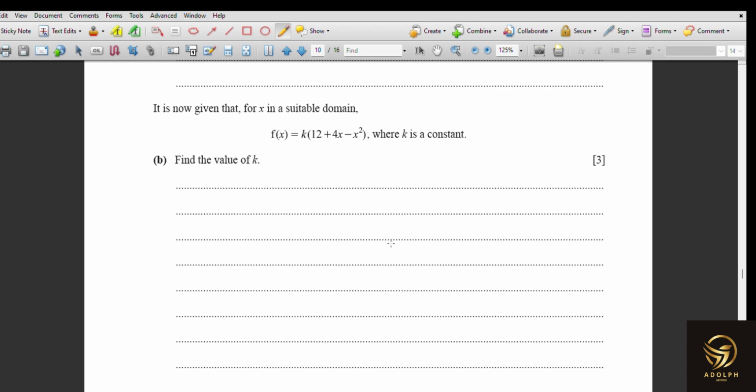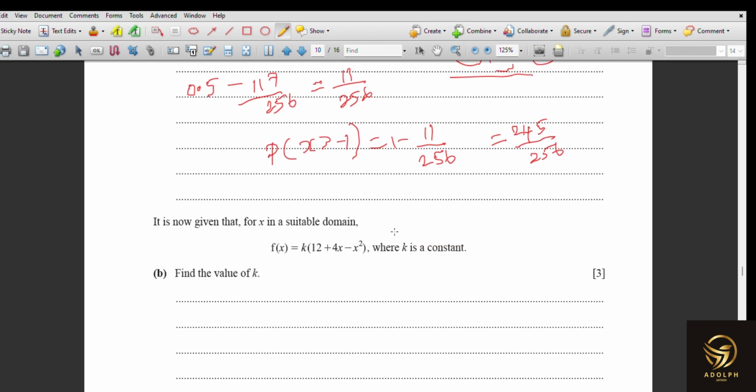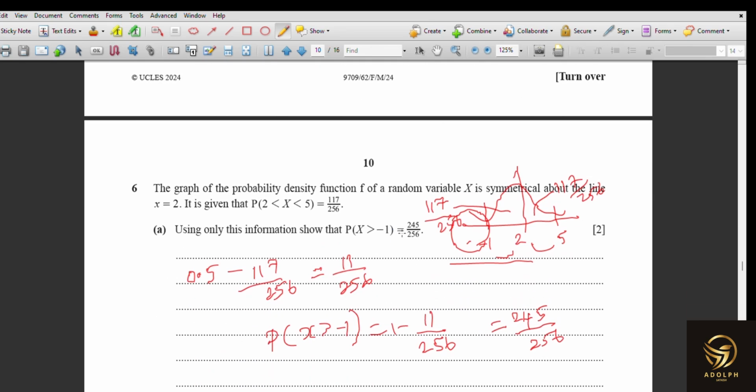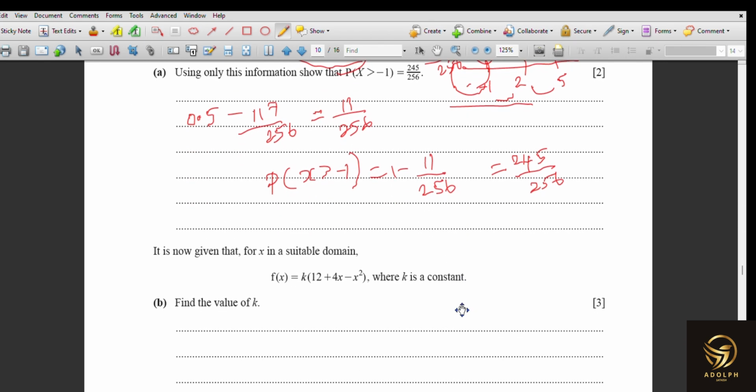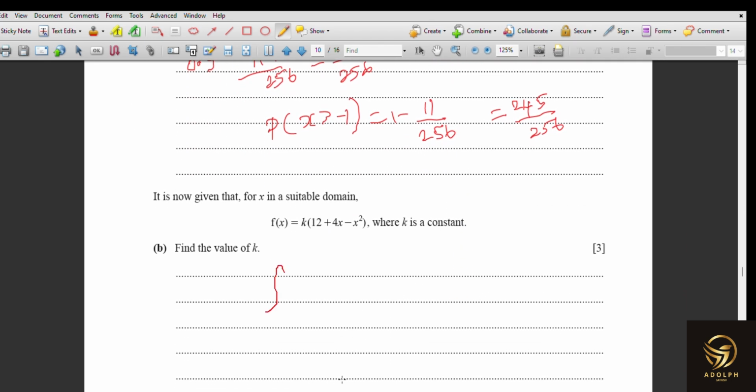What we know is the given probability for 2 to 5, so this can be used. From 2 to 5, if you find the probability for the given function, it is going to be 117 by 256. That's what they said.